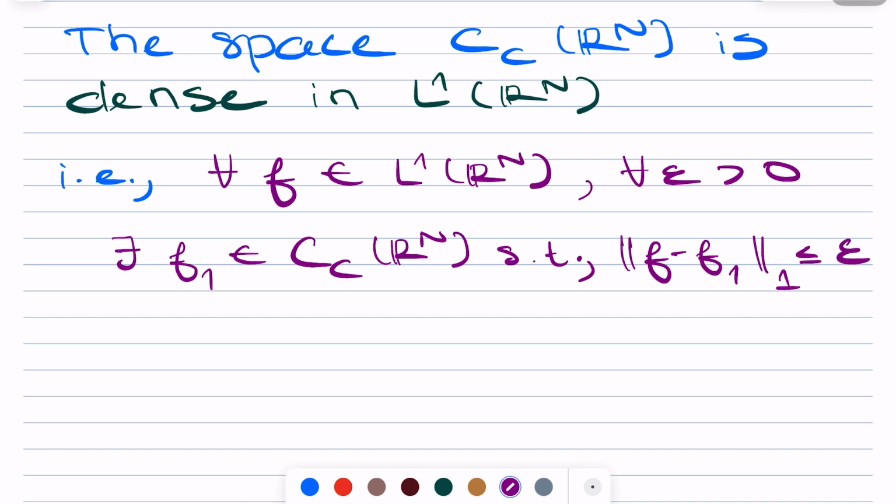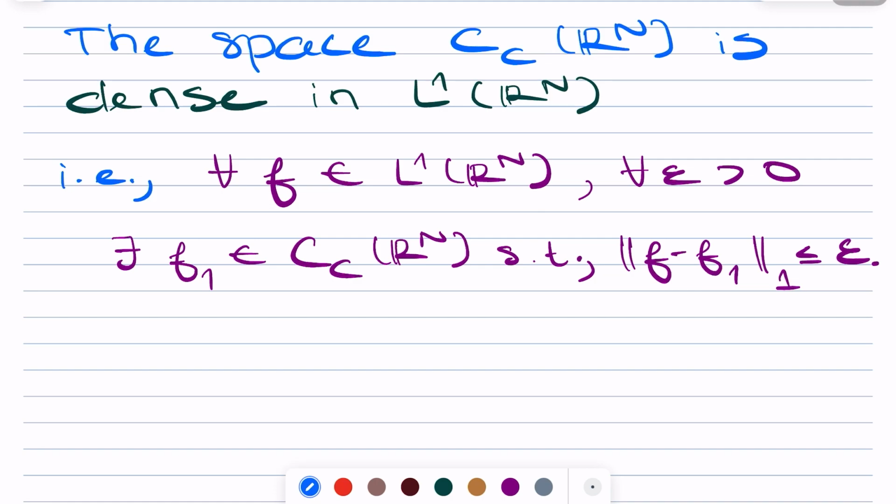Good. I think probably in our next video we will even see that the space of continuous functions with compact support on Rn is even dense in LP, for p greater or equal than 1 and strictly less than infinity.